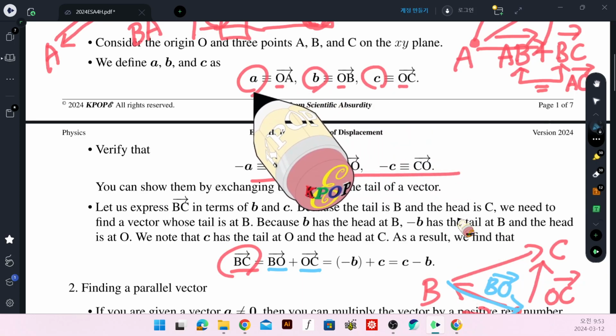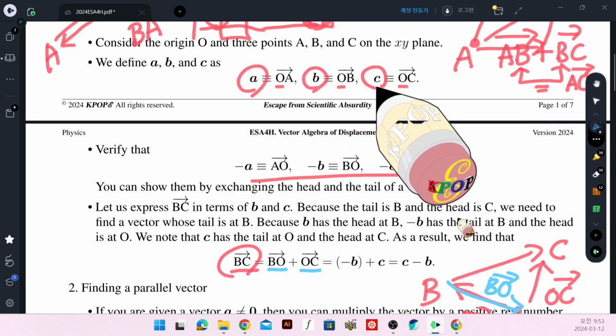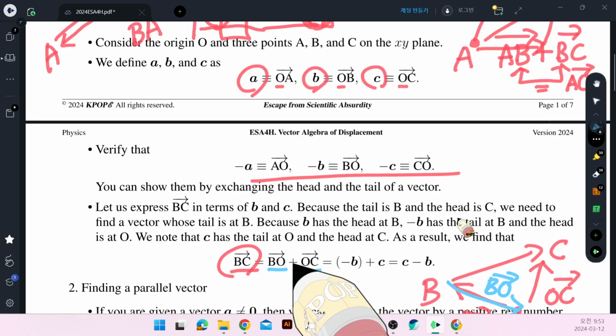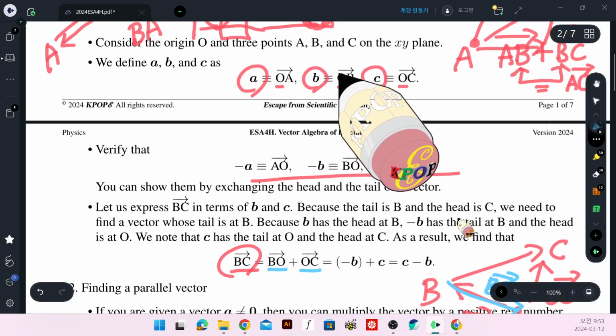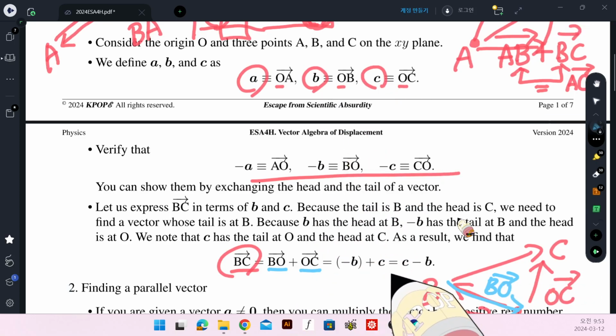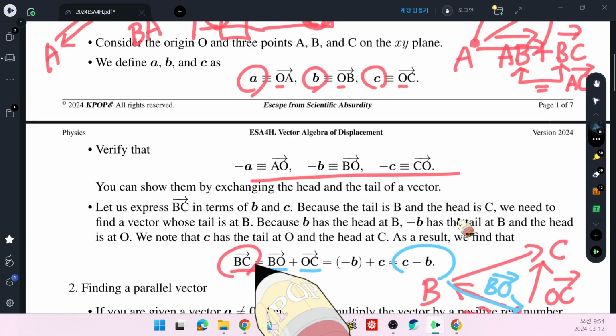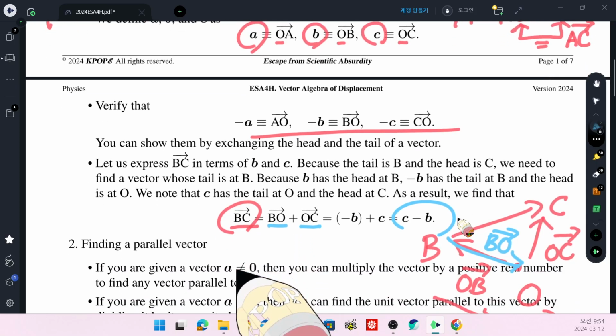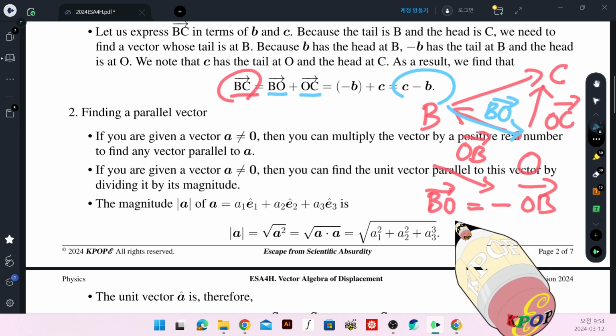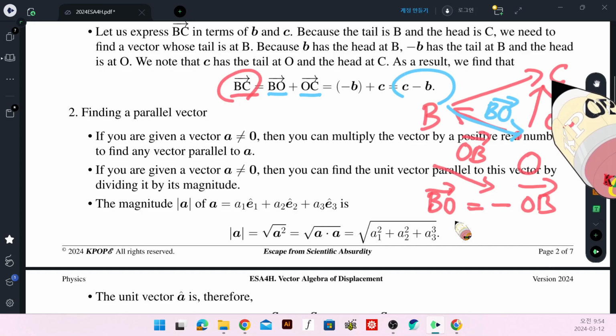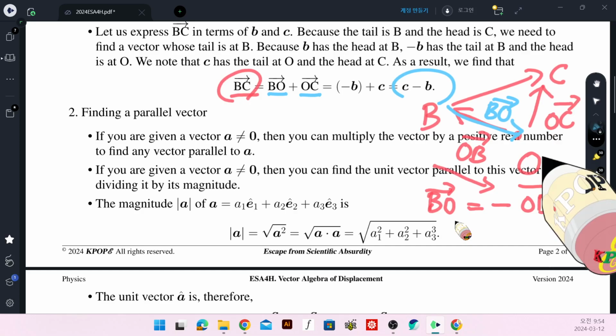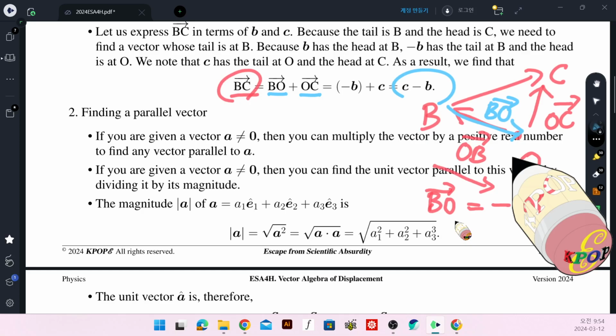So OA is A, OB is B, and OC is C. Using this notation, BO is the negative of OB, so negative of B, that is minus B. So C minus B is identical to the vector connecting B and C with head C and tail B. So any vector can be expressed either as a sum or difference of two vectors.